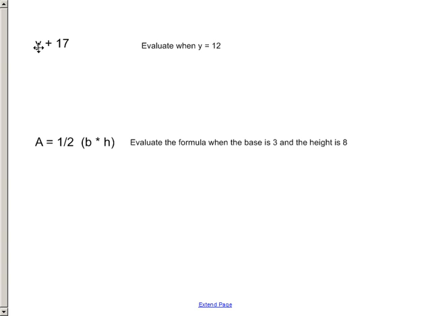So I'm simply going to substitute the value 12 for y. So I think, what is 12 plus 17? I'll grab my pen again. y is 12, so I'm going to substitute 12 for y plus 17. If I do that, I get 29. So when y is 12, the result of adding 17 to that is 29.